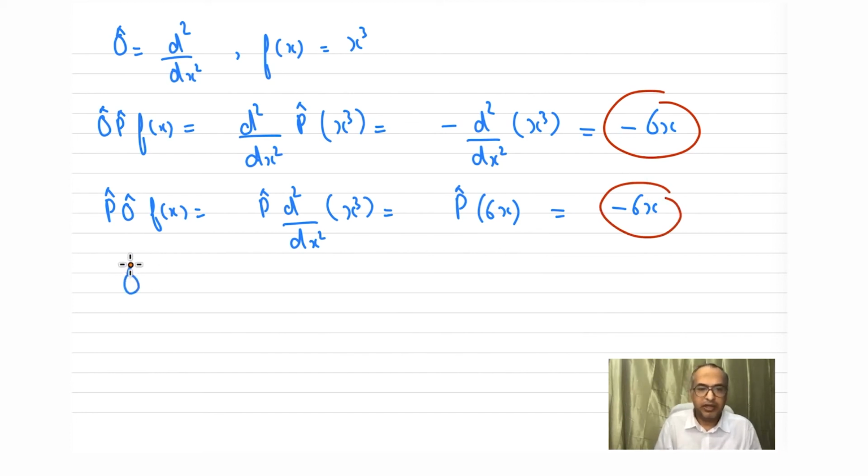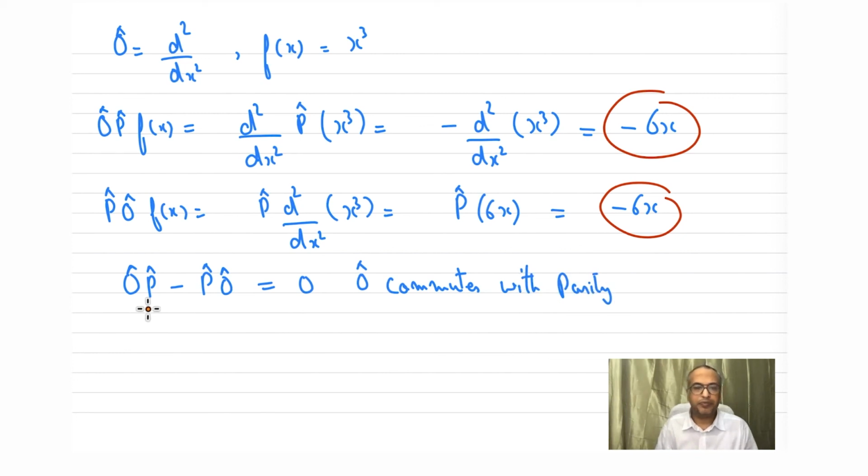So we can safely say that OP minus PO will be equal to 0. So we can say now O commutes with parity.